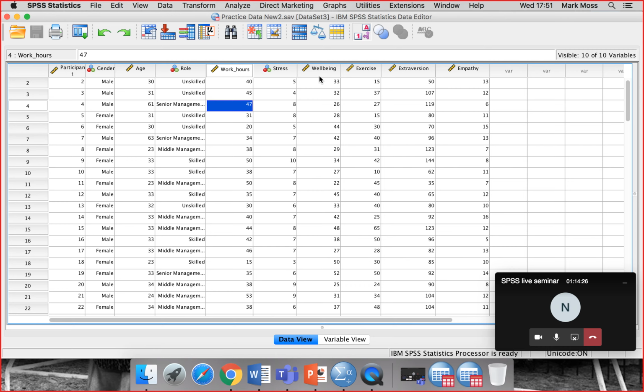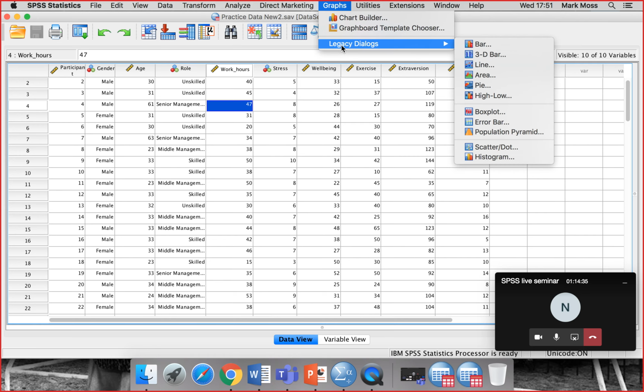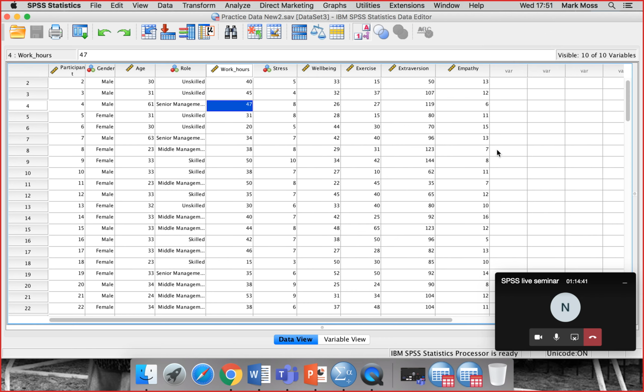And I said you can do this visually or you can do it statistically. Visually is by getting graphs up. Our good old friend, the scatter plot. Is there anything a scatter plot can't tell us? Probably, but never mind.